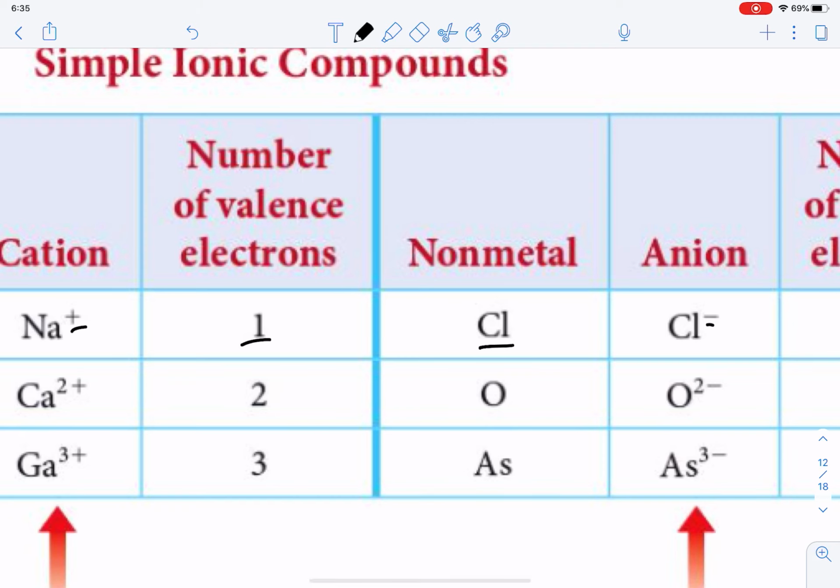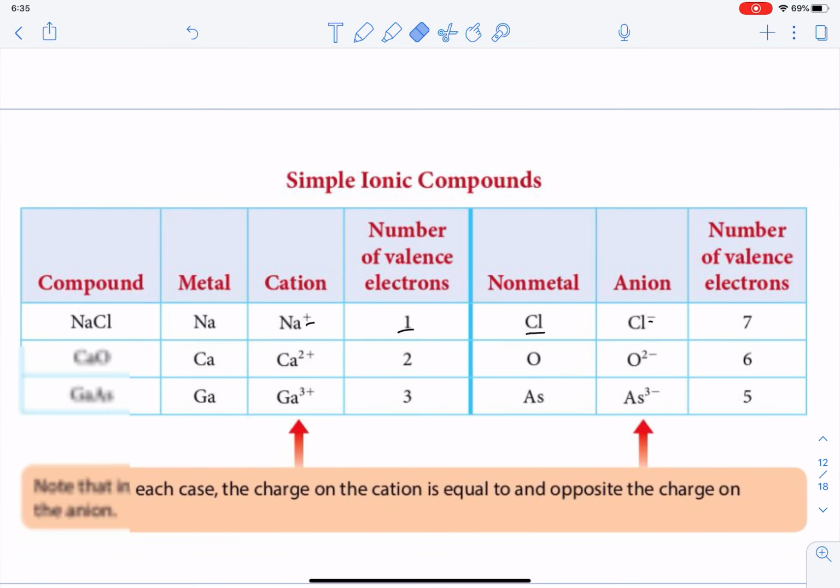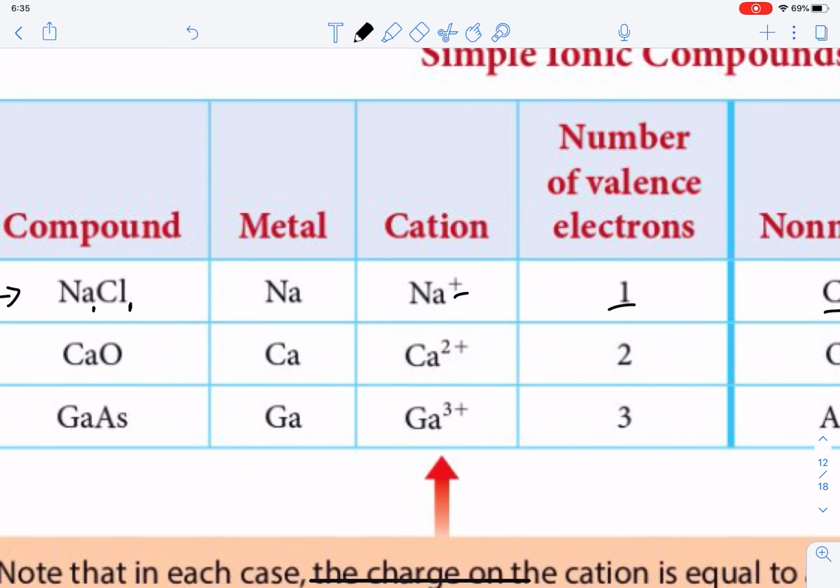It's in the 7th column, or group 7A. So it wants to gain an electron. So these guys are going to form a compound with a 1-to-1 ratio because they're going to cancel out perfectly. Right? We only need one sodium ion to cancel out one chlorine ion.